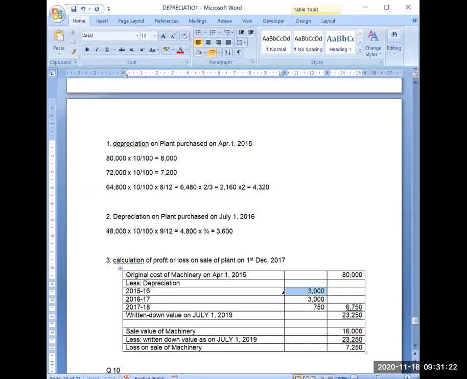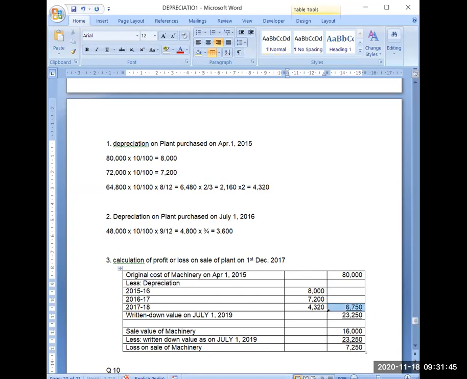The first year depreciation charge is 8,000. Then the second year depreciation charge is 7,200. This all is mentioned in your working notes also. So that's why you will be comfortable with it. You are giving explanation of each and everything. Third year depreciation we have calculated 4,320.